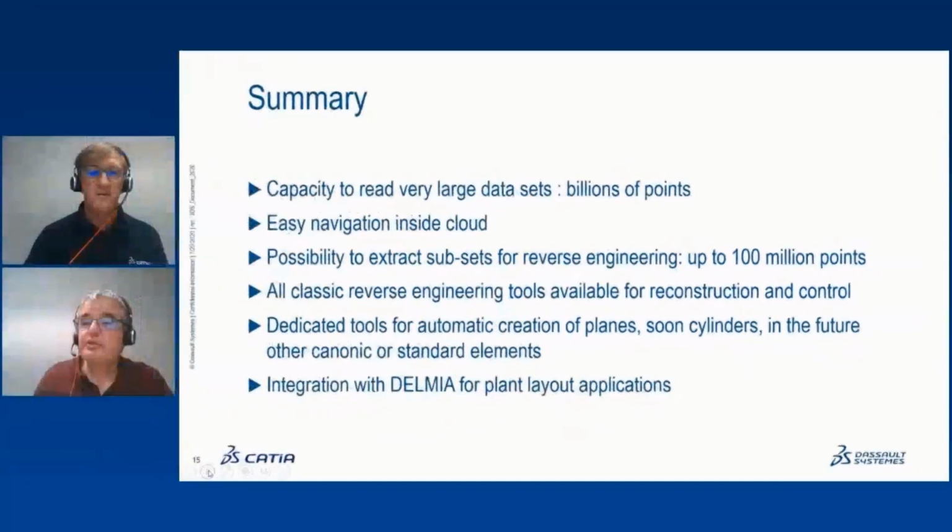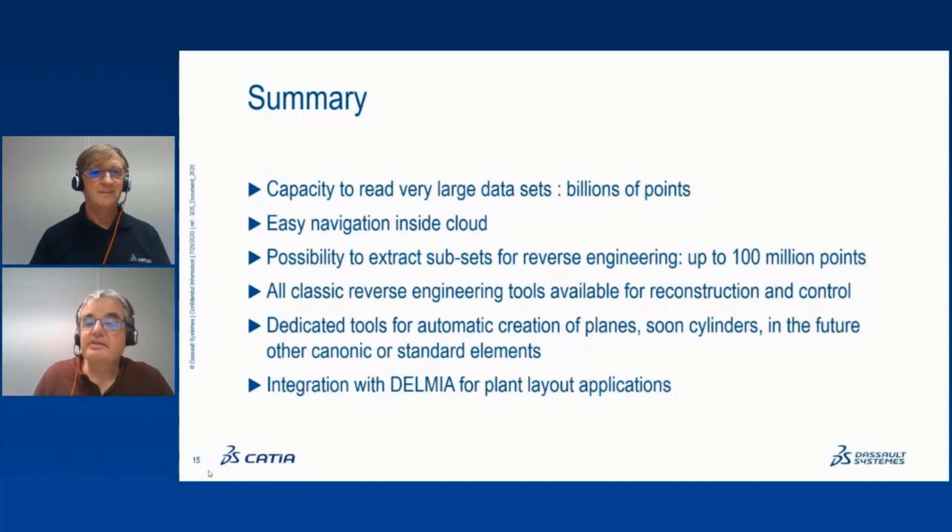Okay, so that was a general presentation of what you can do with the 3D digitalization of factories and plants. What is important to remember is that we have the capacity to read very large data sets, so billions of points, 4 billion, 5 billion points.